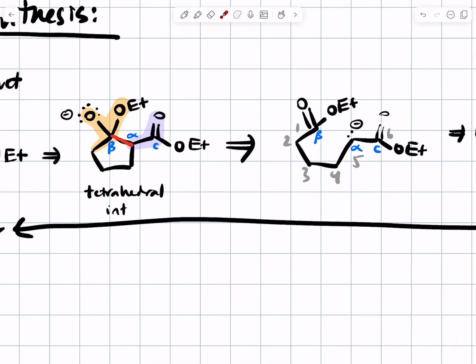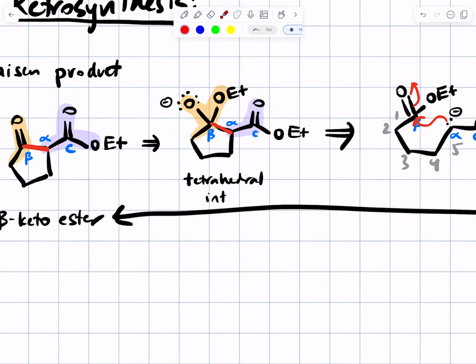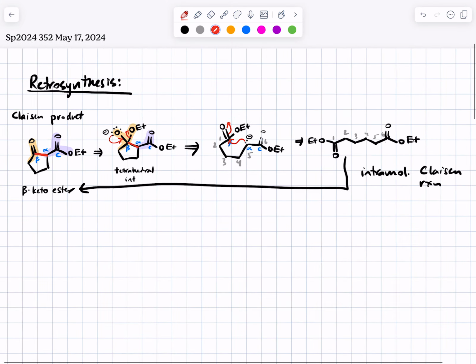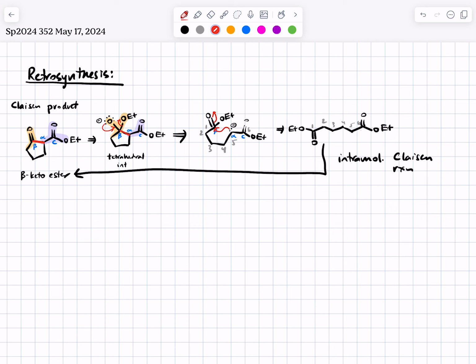We were thinking backwards, but now I'm imagining how I would do this in the forward direction. Well, the alpha carbon enolate attacks the beta carbon, electrons kick up. Those are the two arrows that get me to my tetrahedral intermediate, and so on. Electrons kick down from the oxygen, and the leaving group leaves. All right, so that's the Claisen reaction.